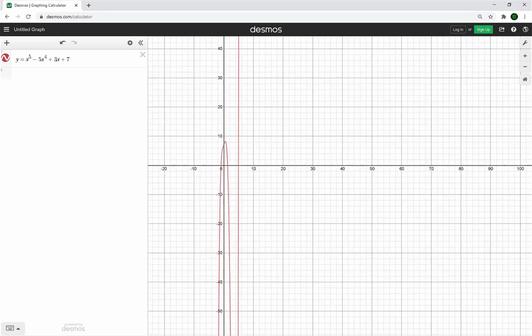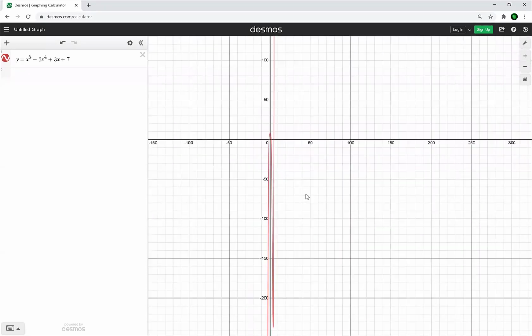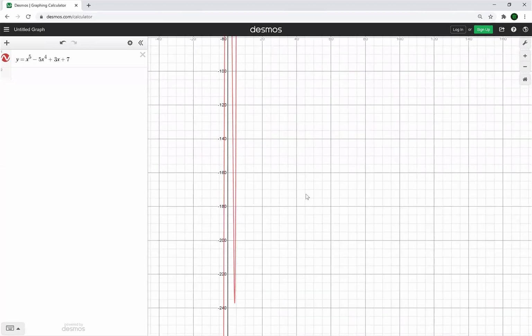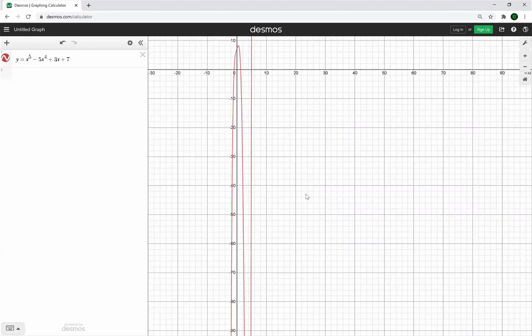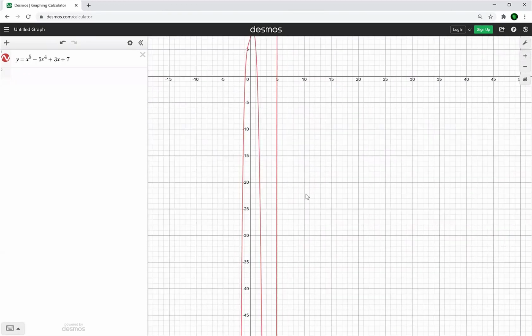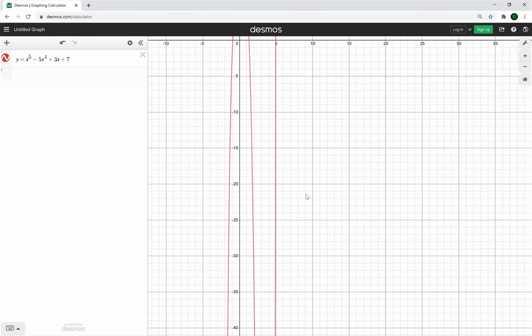I'm going to have to really, oh man, how do we really see this? Look at that. I can see that it's concave down, and then right at x equals 2, it looks like a point of inflection at 2, comma negative 35.